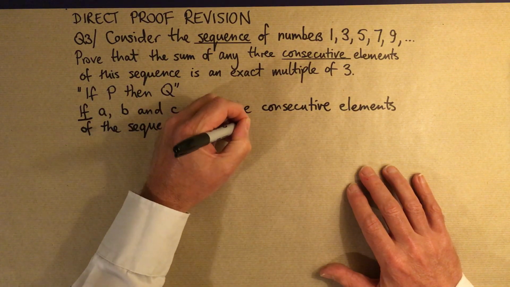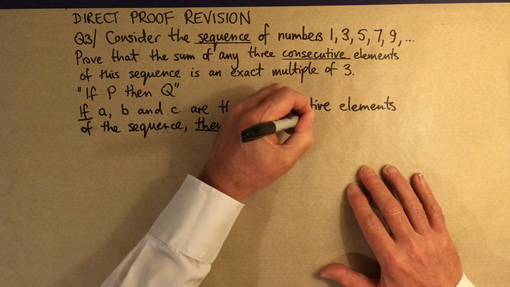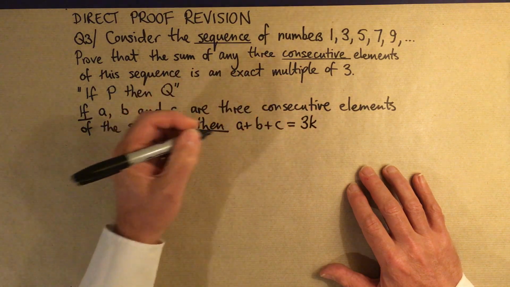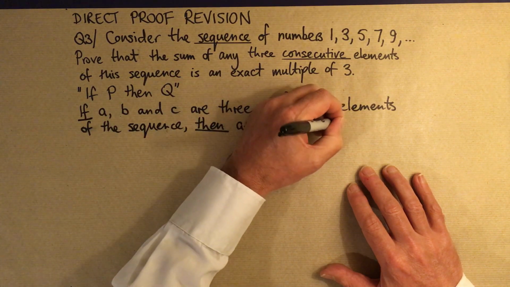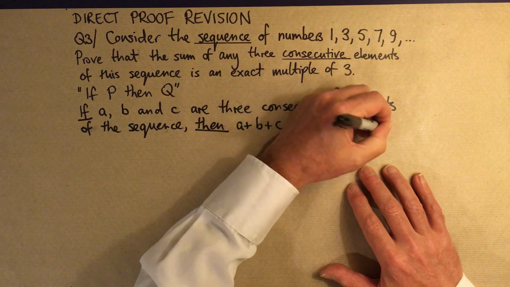We say that A plus B plus C is equal to 3 times some integer k, where k is a member of the integer set Z.